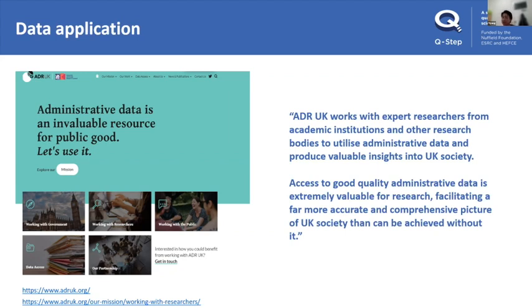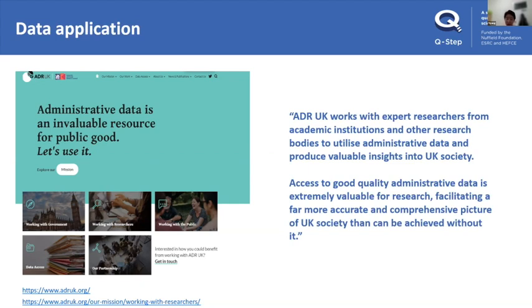But administrative data has been underutilized so far because of access and technical barriers, just like what I've mentioned. It took me about a whole year to finish my data application and finally get access to the data. In 2018, a new program was established, called the Administrative Data Research UK program, ADR UK.